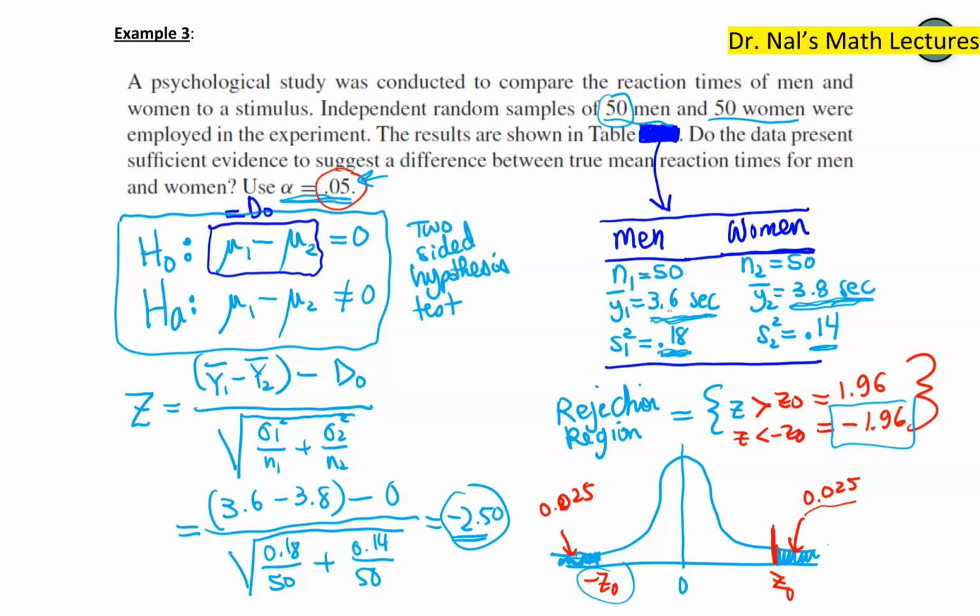There is a difference between the mean reaction time between men and women. And that solves our third example. Hope this was useful. This will help you with solving some of the assignment problems related to hypothesis testing. Hope to see you guys in our next lecture.